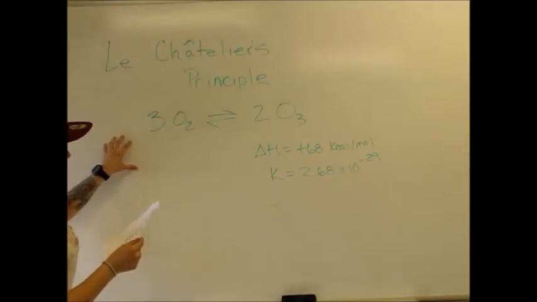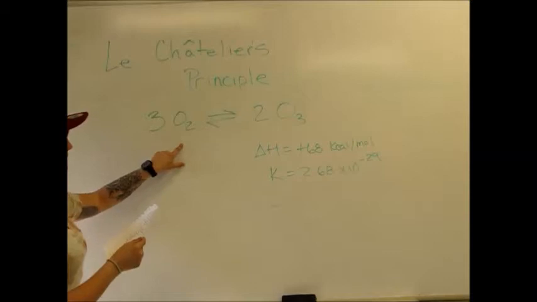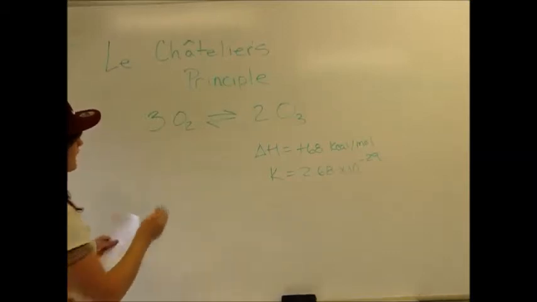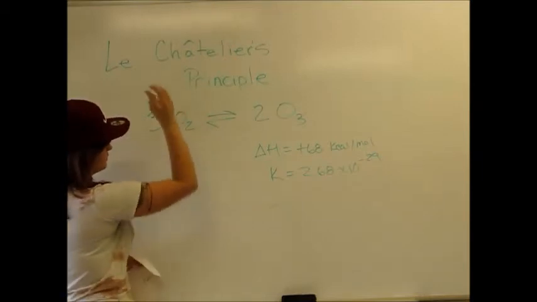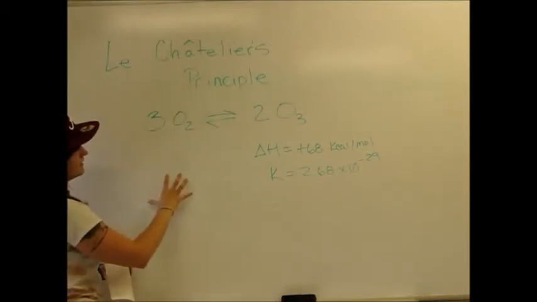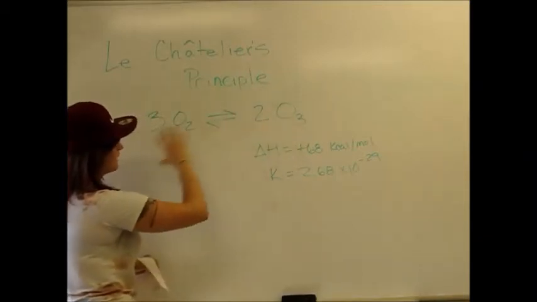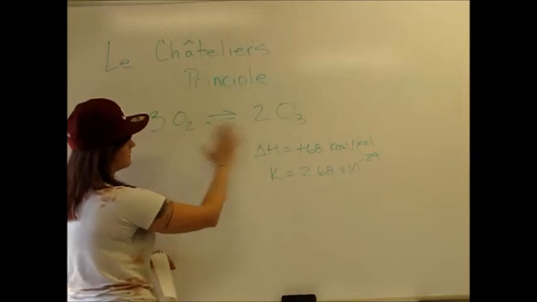So C2 asks, if we increase the concentration of O2, what's going to happen to the equilibrium? If we throw more O2 at this, we've just increased the concentration. So the scale is heavy on this side. Again, we're going to favor the ozone side because we want to send some of that weight away. We want to have this balanced again.